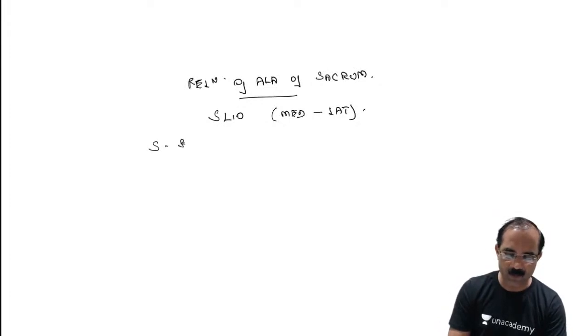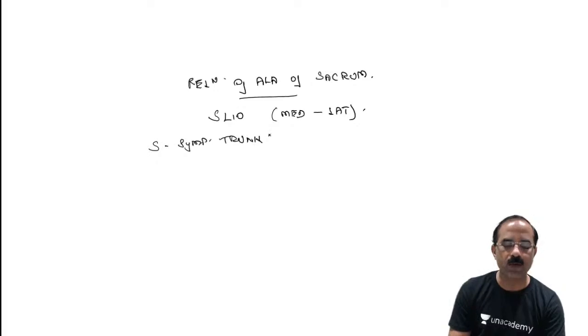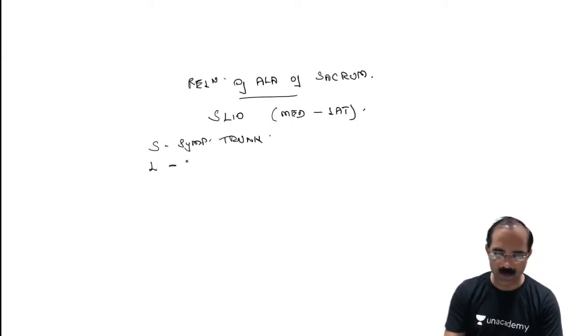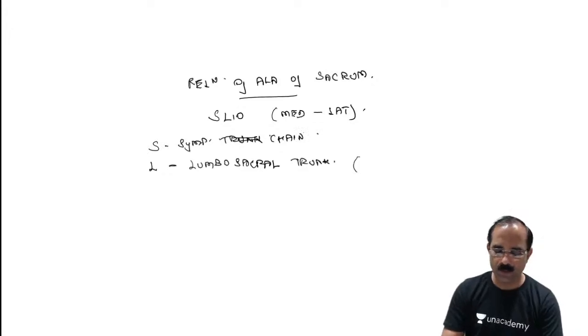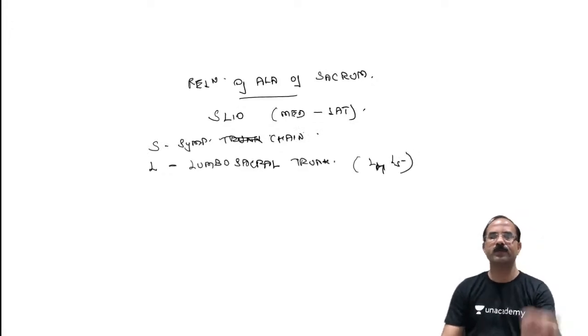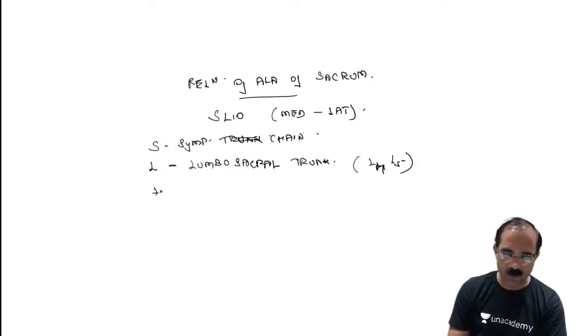S is the sympathetic trunk, the sympathetic chain. L is the lumbosacral trunk, formed from L4 and L5.